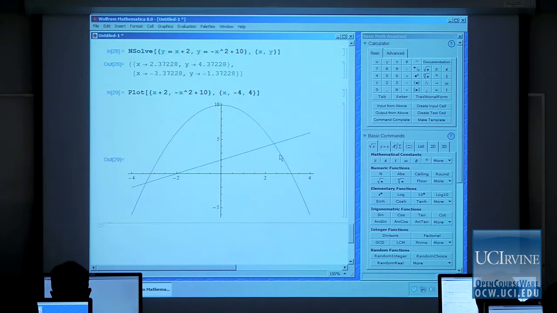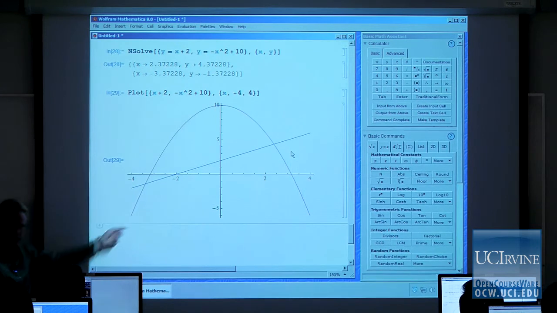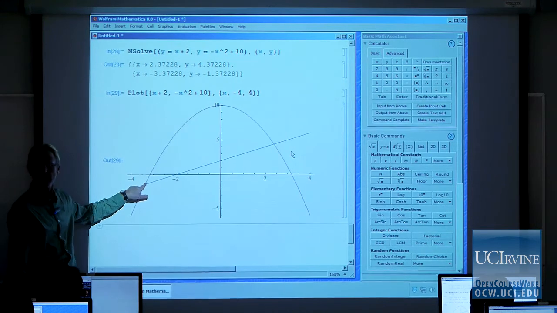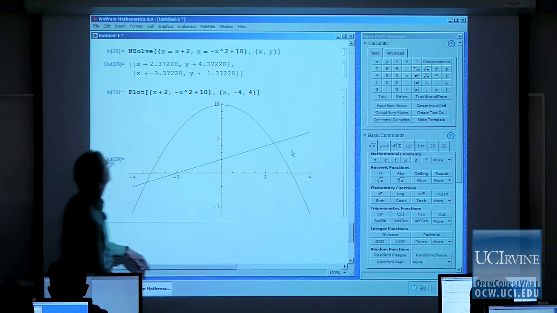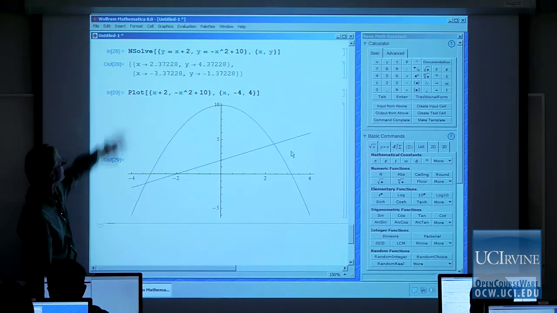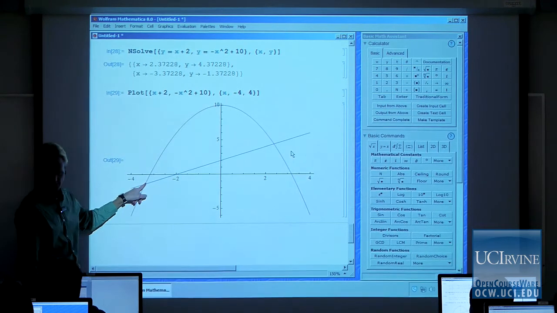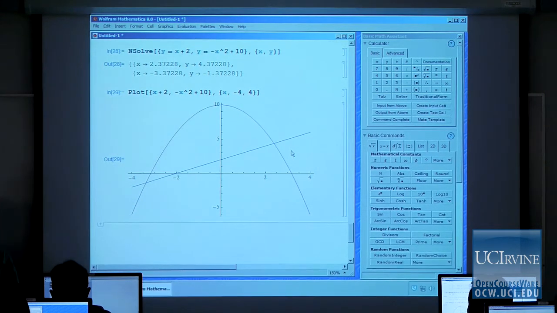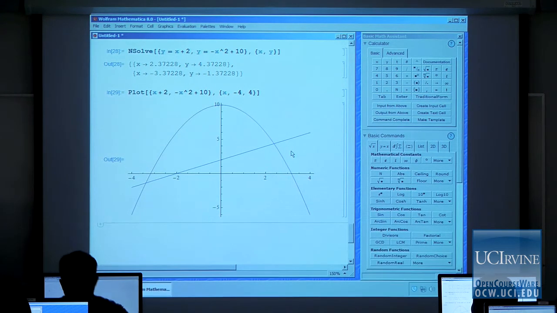So there's the two curves. Here's y equals x plus 2, and here's the inverted parabola. And so our solutions are the x and y values of this point and the x and y values of this point. You can see that the first solution is this one over here, and the second root is this one here. So looking at the graphs helps you to appreciate what you're actually doing when you ask to solve those equations.